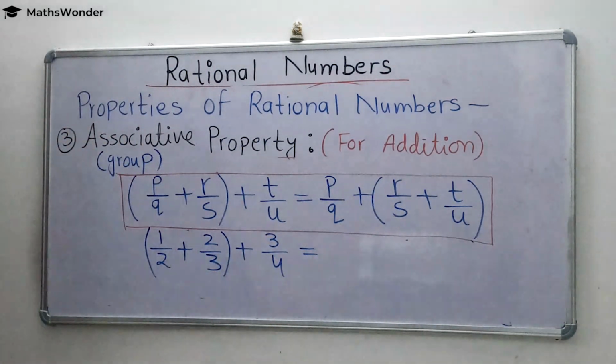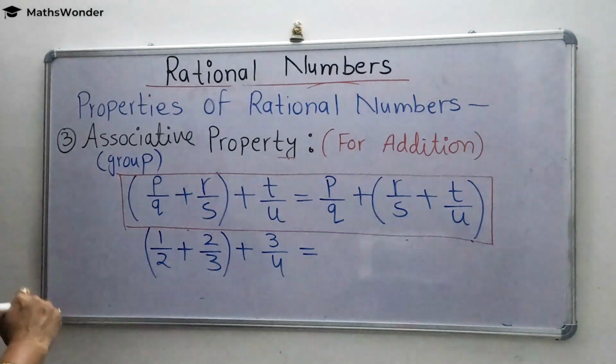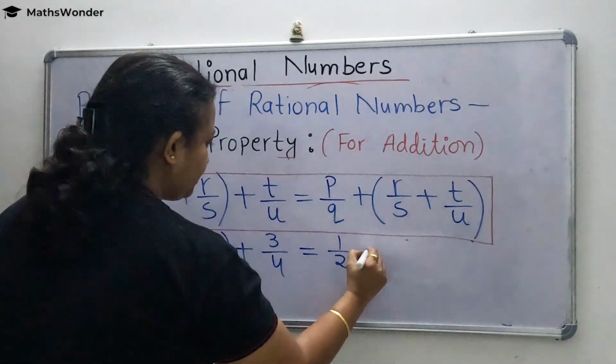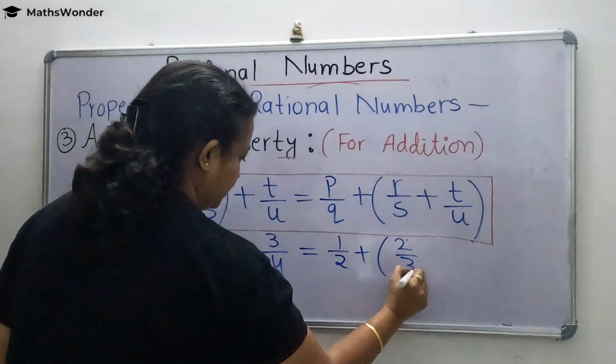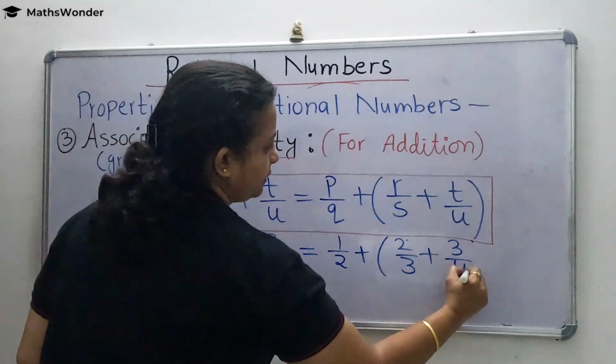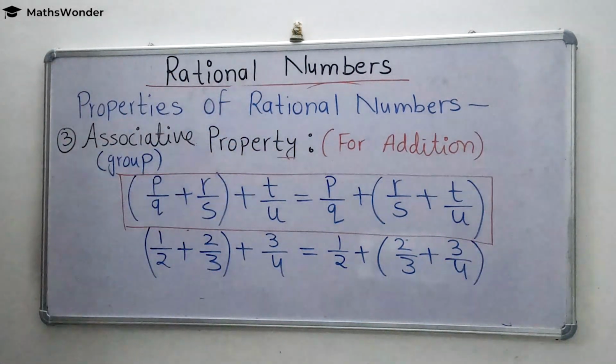Now when you change the parenthesis, it will give the same answer. We have already learned addition in the fraction and rational number part, how to add rational numbers. Now this is one step ahead that we are doing.